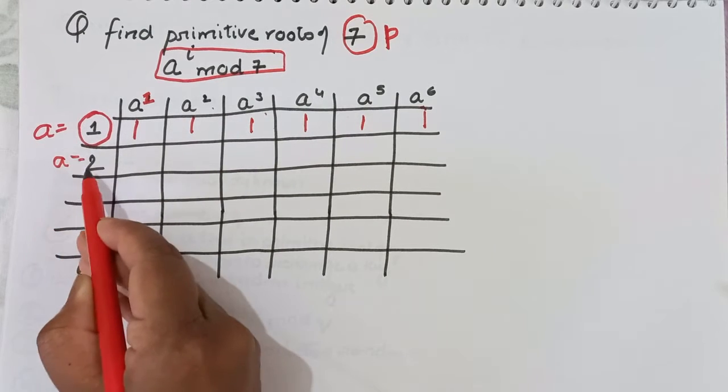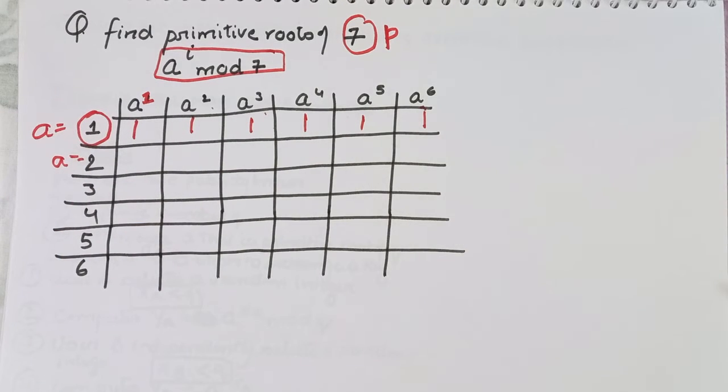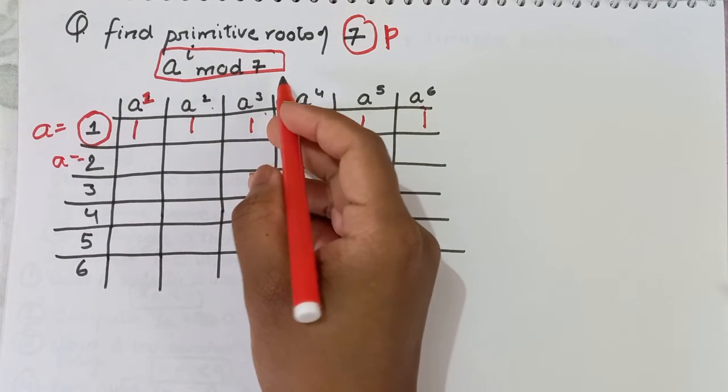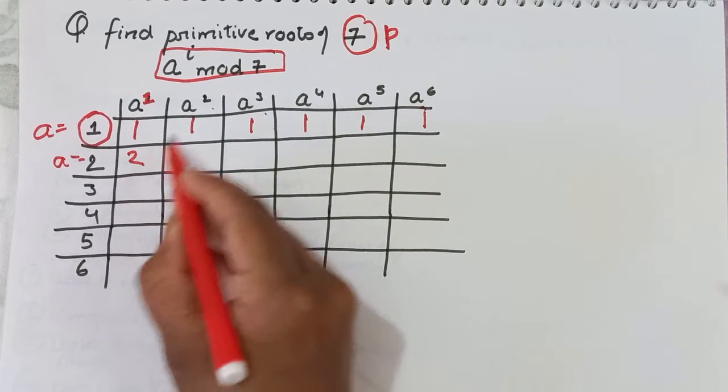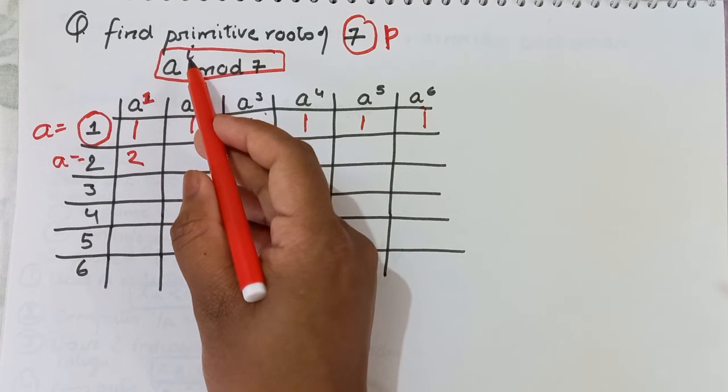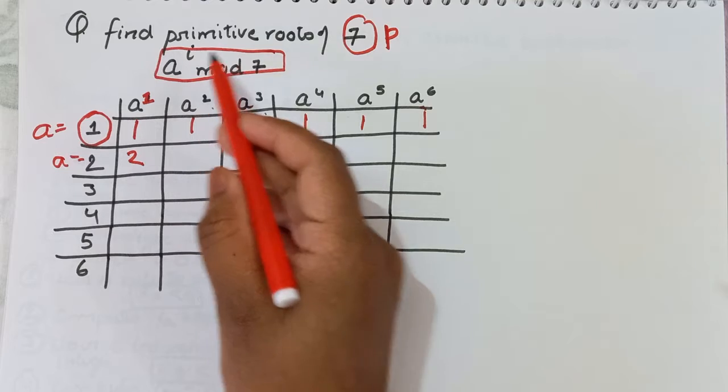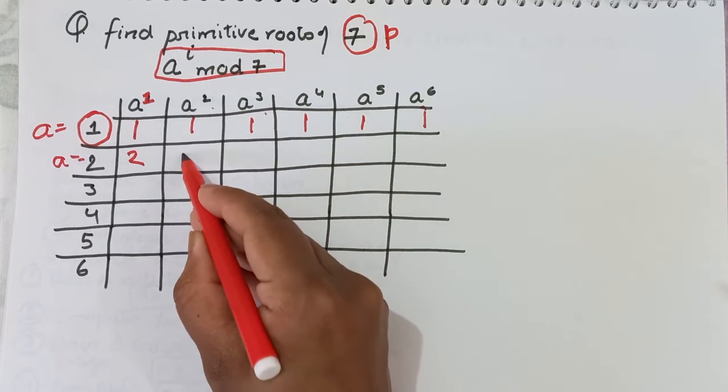If my a is 2, the first time I'll be calculating 2 to the power 1 mod 7, which gives me 2. At the second value, 2 to the power 2 mod 7 is 4, right?